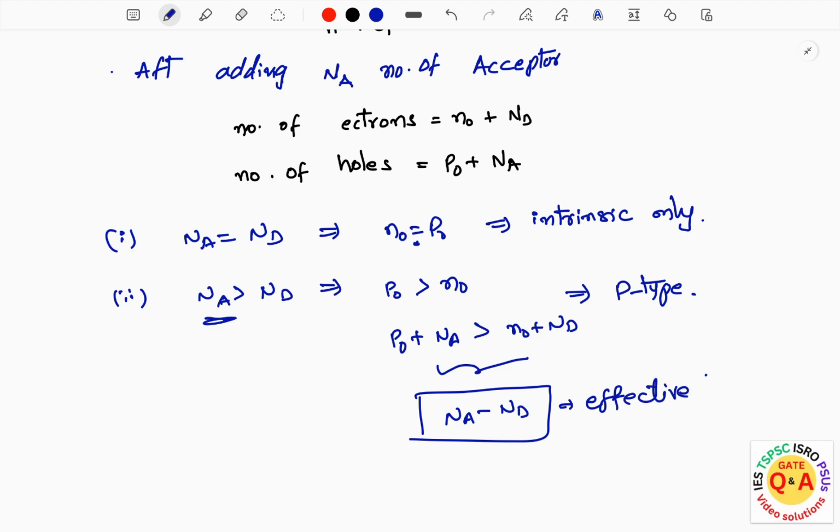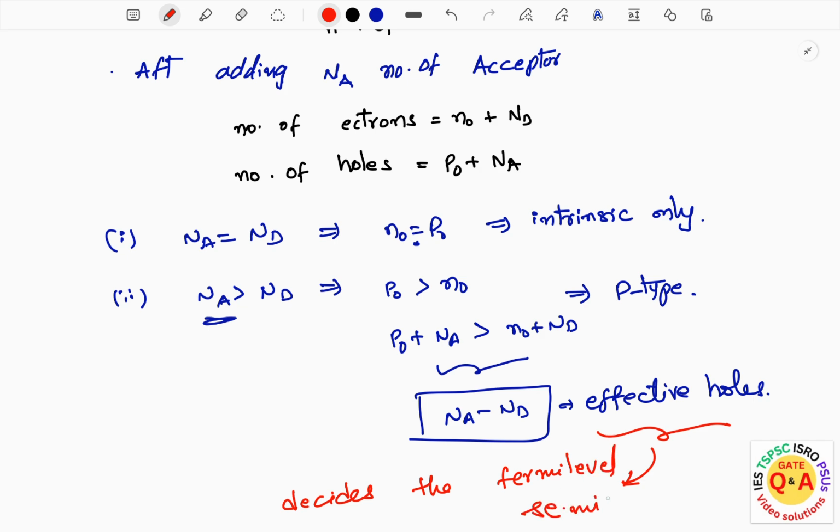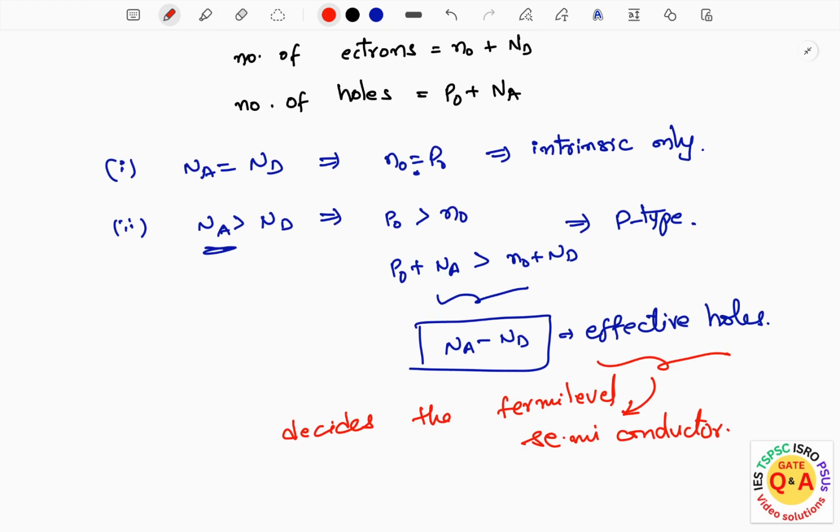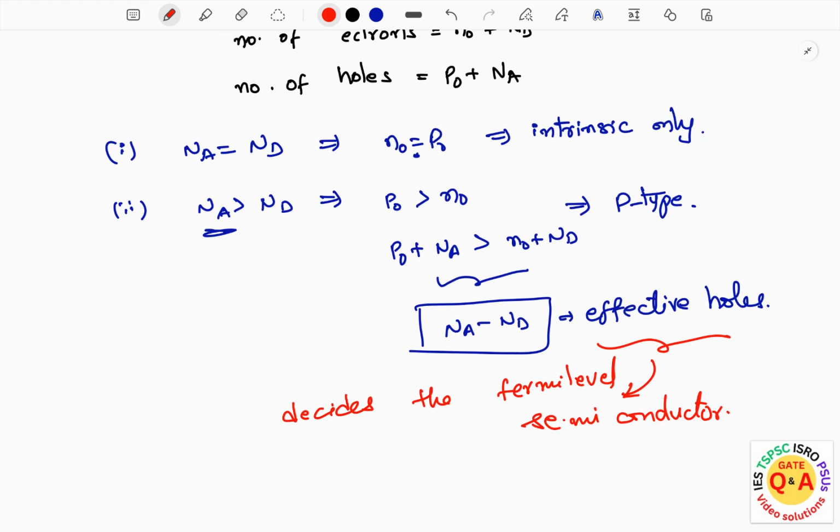These effective holes decide the Fermi level of the semiconductor.